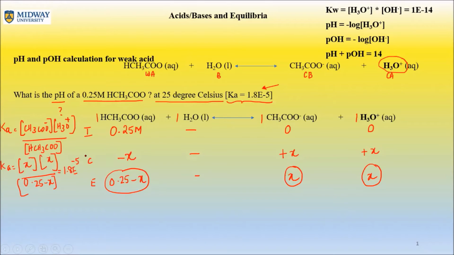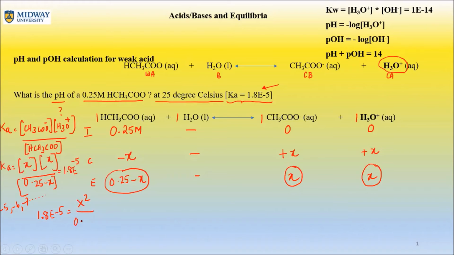Now I do want to point out something: if this Ka value is negative 5, negative 6, negative 7, as it becomes more and more negative, we can make the assumption that 1.8 e to the negative 5 equals x squared, because x times x is x squared.